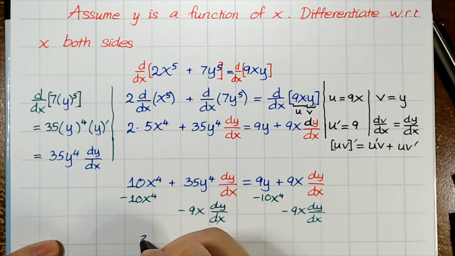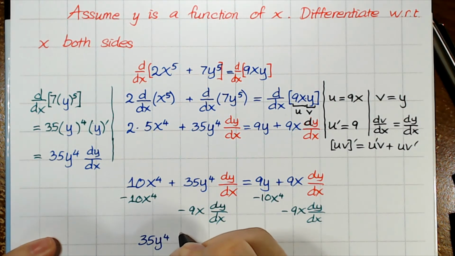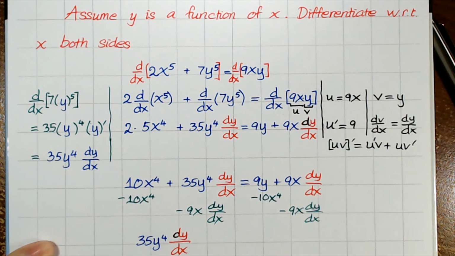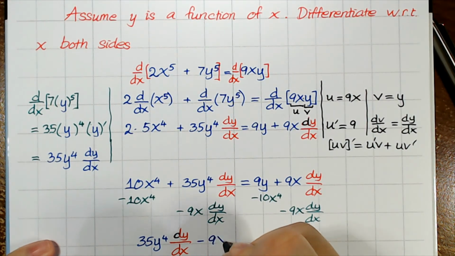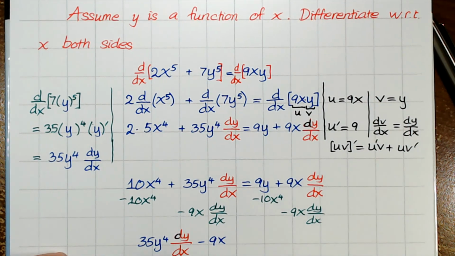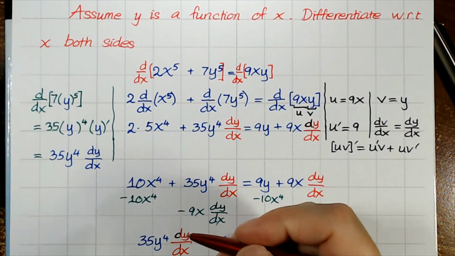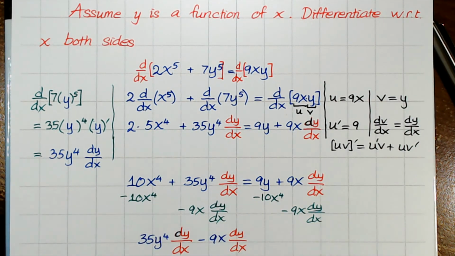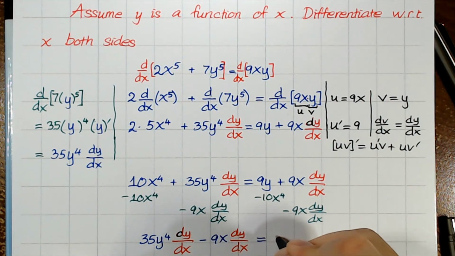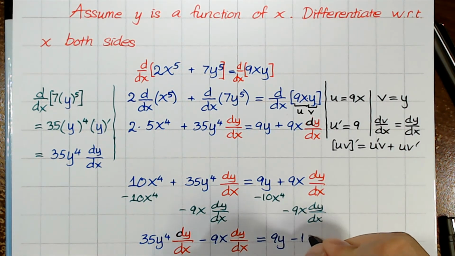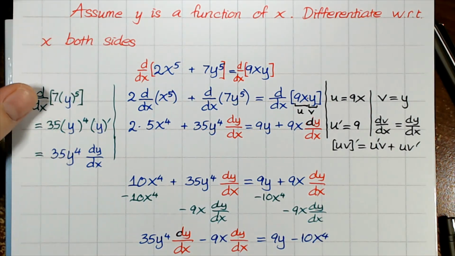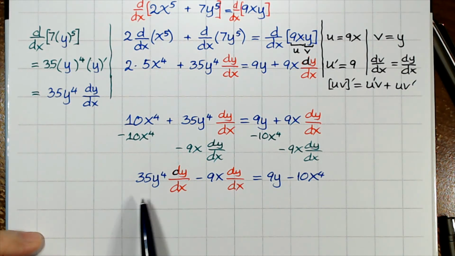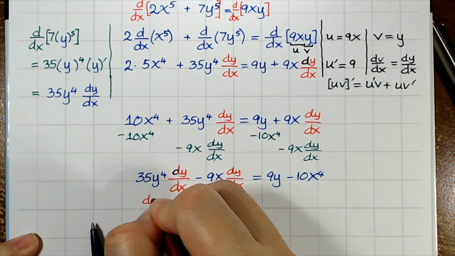So on this side we have 35y to the 4th power dy over dx minus 9x dy over dx equal to 9y minus 10x to the 4th power. Right. The rest is simple. We factor out dy over dx and then we solve for it. So factor out dy over dx.